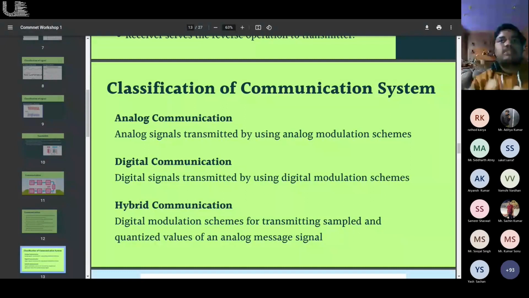So here the signal being transmitted through the channel is an analog signal. In the transducer and the transmitter part, before the signal is transmitted, it is not converted into a digital signal. Then this is known as analog communication.